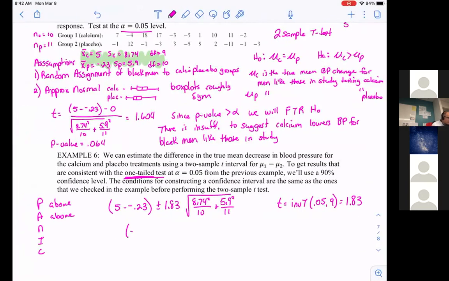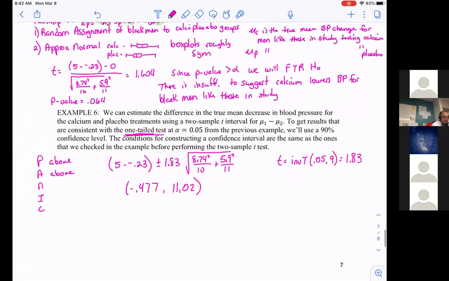So this is a negative 0.477 to an 11.02. So again, that verified 0 is not in the interval. It is, I think. 0 is in the interval.